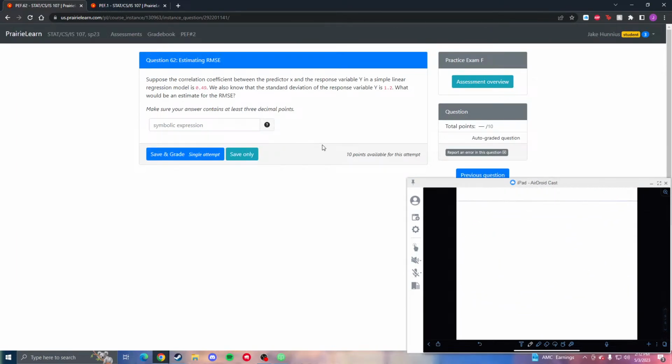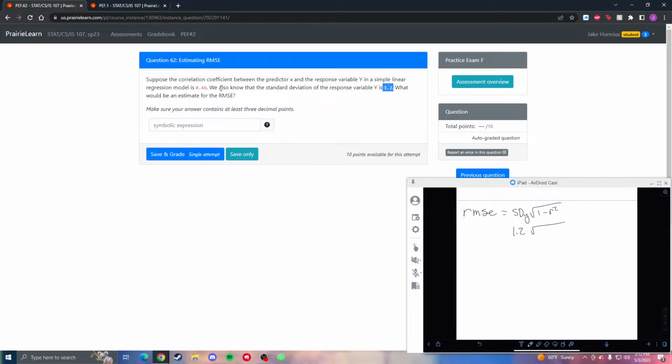Oh, yeah, so we did just do this RMSE one, but I'll do it again. RMSE is equal to SDY times the square root of 1 minus R squared. SDY is given to us as 1.2.